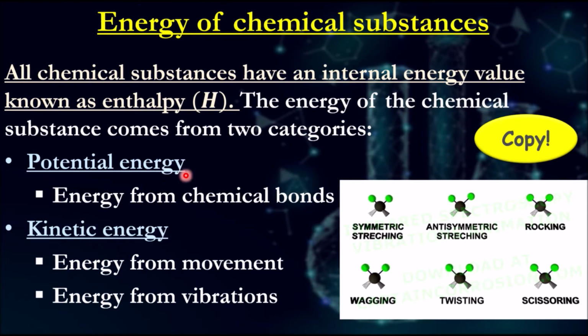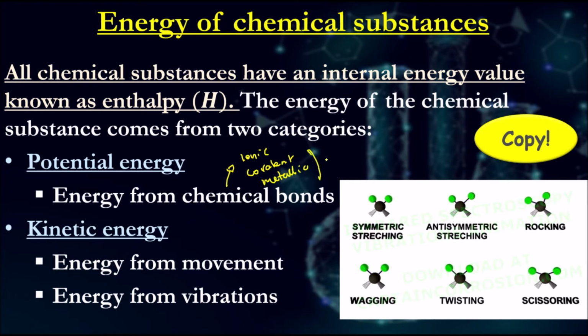Now, if we're talking about potential energy, we're looking specifically at the chemical bonds. So we're looking at the ionic bonds, covalent bonds, metallic bonds. So ionic, covalent, metallic, those are some examples.